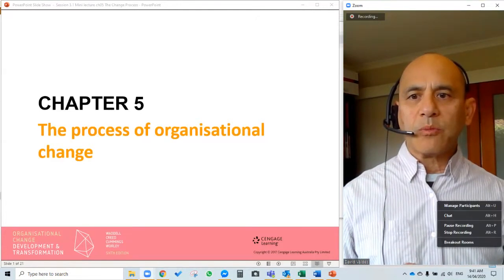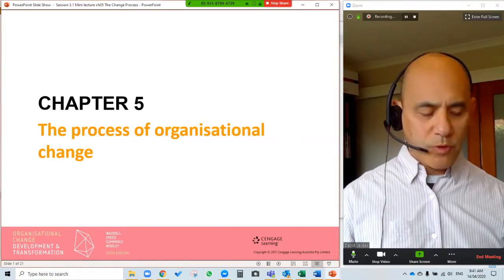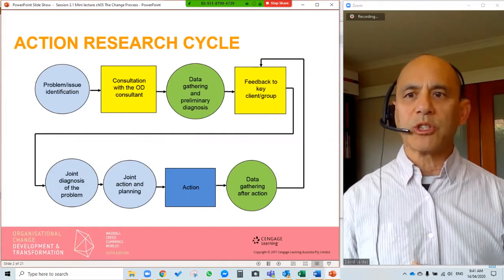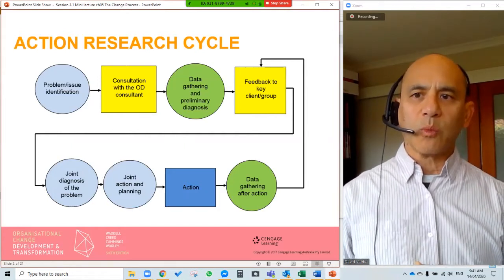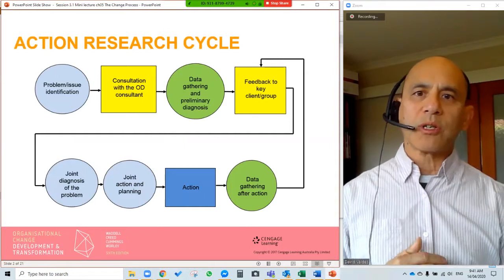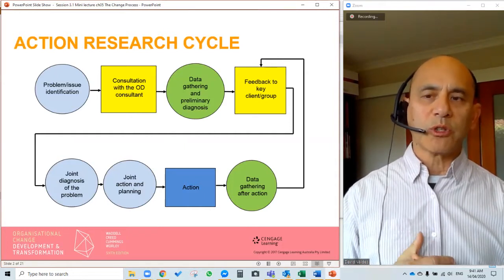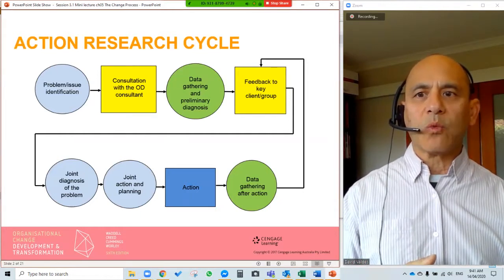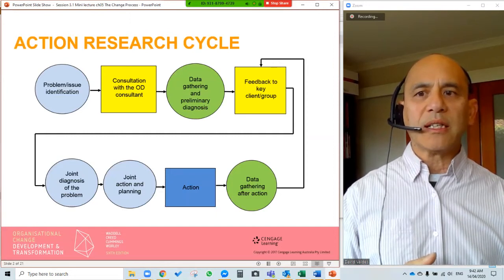And just to bring you back, a few days ago, we looked at some models for organizational change. One of these models is what we call the action research cycle, the action research model. When you identify a problem, usually it comes from data gathering.